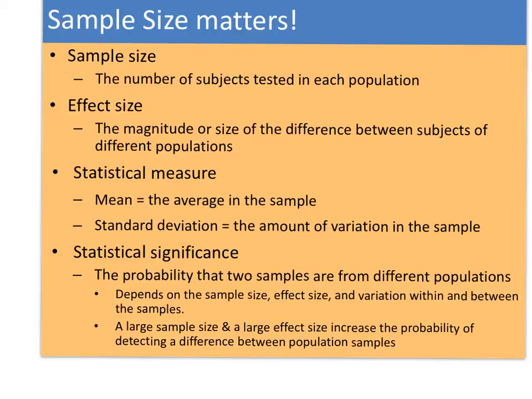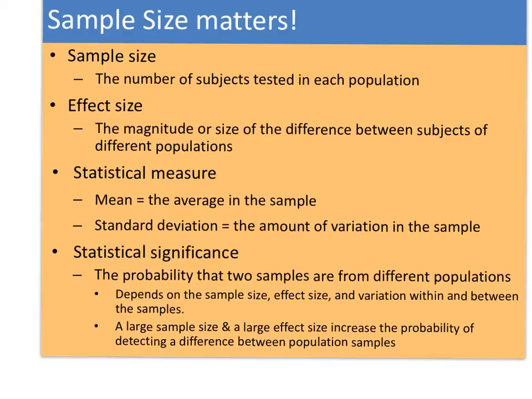Now, if you sampled enough people, you could actually show that it's significantly different. Overall, the average lifespan of someone getting the drug is 3 months longer. Some will, of course, live less than that, some longer, but in general, they will average longer. So you want a large sample size, and if you can get a large effect size, that's great, but you can usually control for that. Because if you get a large enough sample size, you can still show that there is a significant effect.